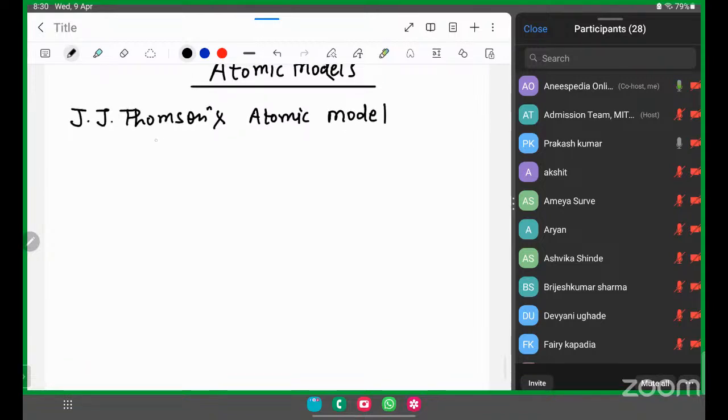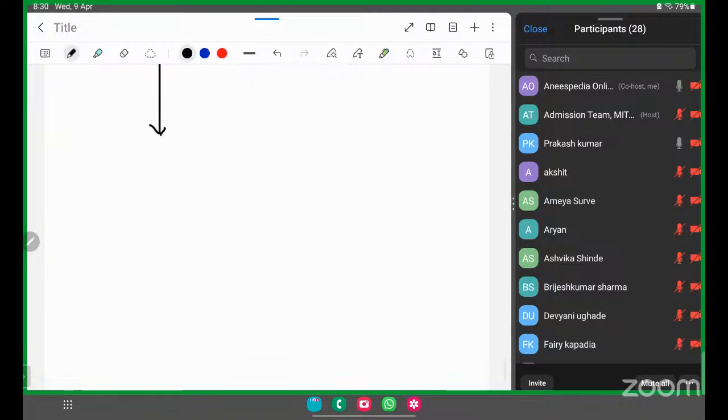After J.J. Thomson's atomic model, we have Rutherford's atomic model. After Rutherford's atomic model, we have Bohr's atomic model.